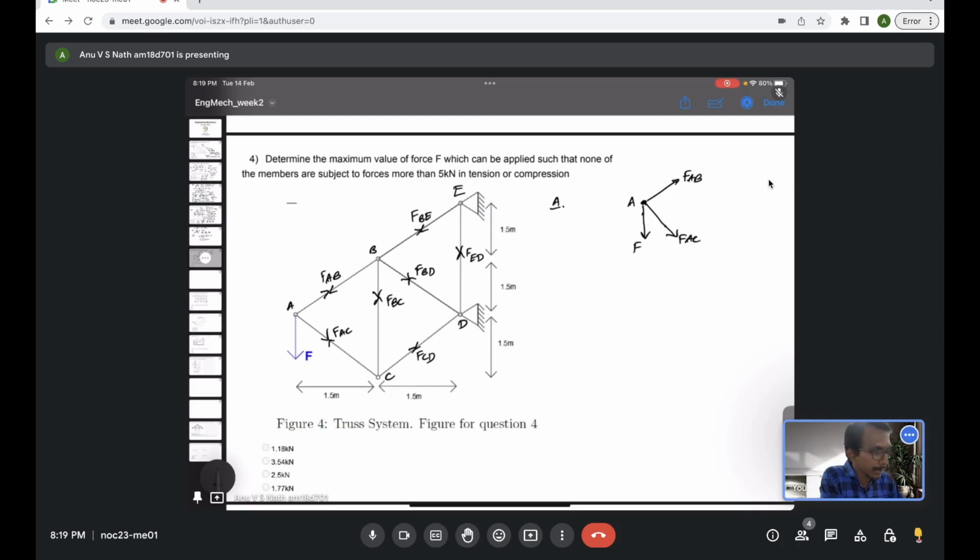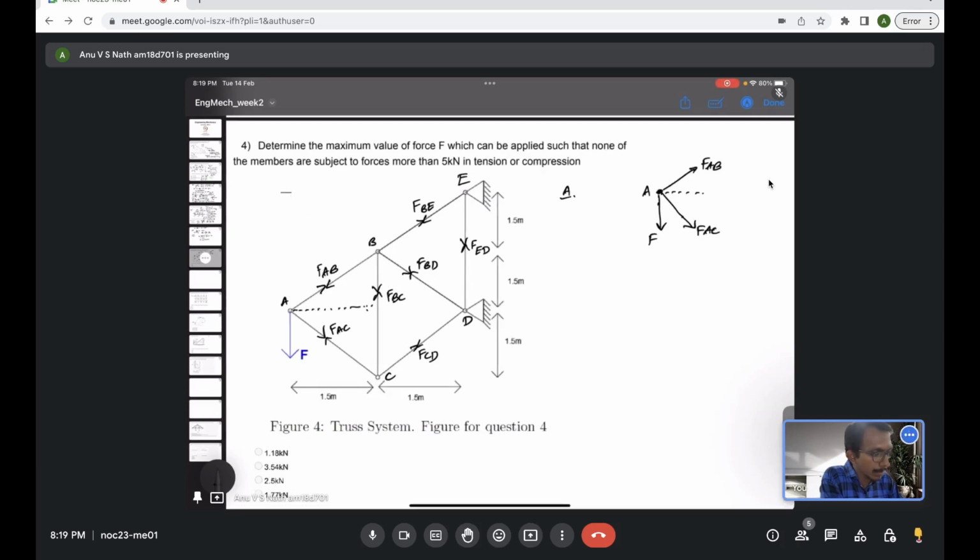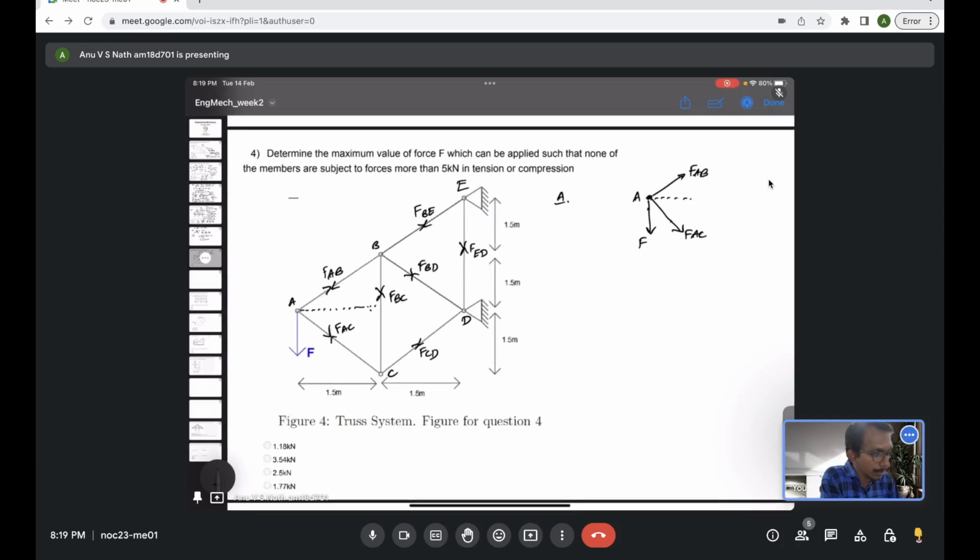Okay, so like earlier, I am going to use the sine rule. For that we need the angles. So I will just divide it like this. Now you can see, let's say this angle is theta 1.